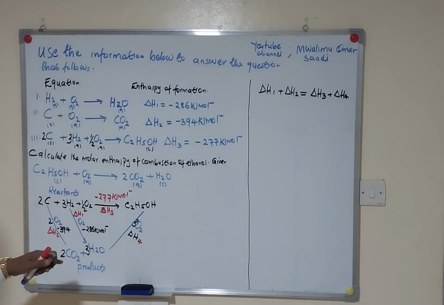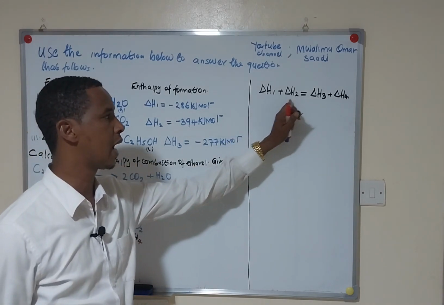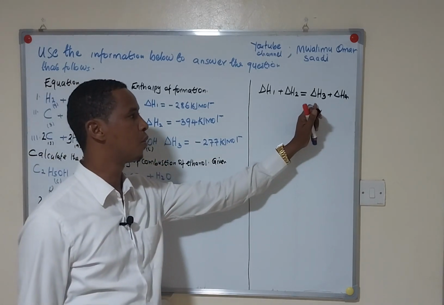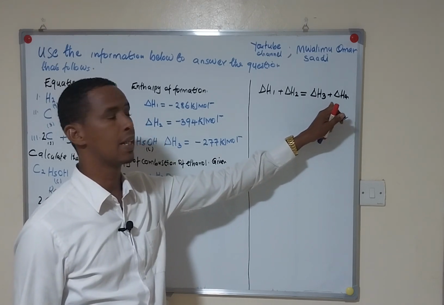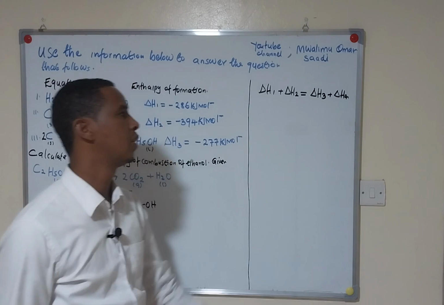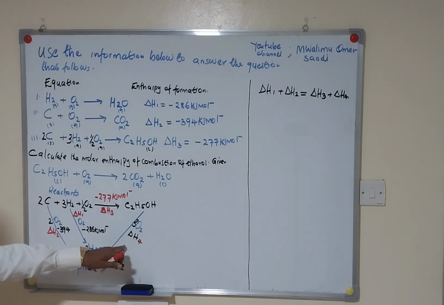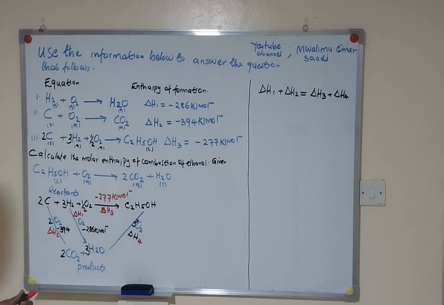That simply means the enthalpy of combustion of hydrogen plus the enthalpy of combustion of carbon will give us the enthalpy of formation of ethanol plus the enthalpy of combustion of ethanol. So the only one we don't have is the enthalpy of combustion of ethanol. The rest we have.